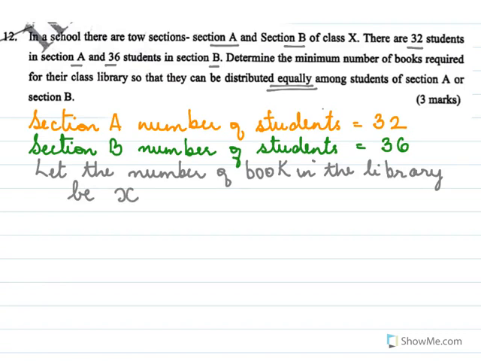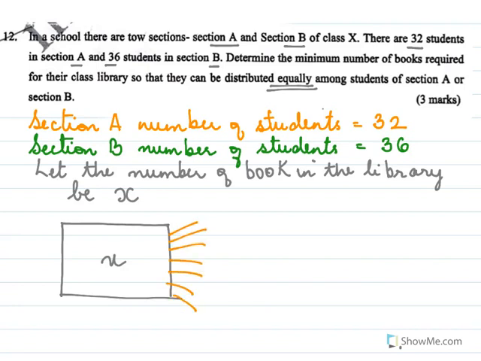Now these X books have to be distributed to 32 students. That means X has to be a multiple of 32. Let me explain that. Suppose this is the library and there are X books here. These X books have to be given to all, distributed to 32 students.